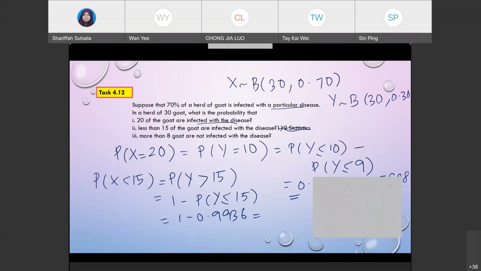So again, this one is your Y. So you want to find probability Y greater than 8. So 0.5685. Okay, so 1 minus probability Y less than or equal to 8.